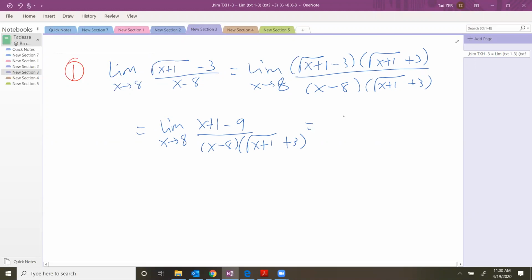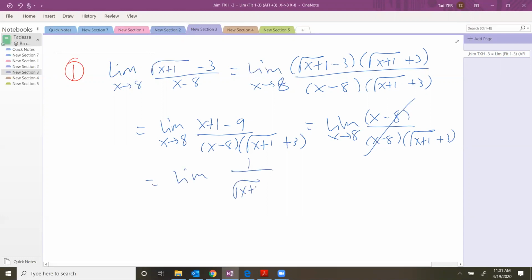So x plus 1 minus 9 means x minus 8 divided by x minus 8 times radical of x plus 1 plus 3. Now we do have a common factor in the numerator and denominator. They will cancel out. So that gives me the limit of 1 over radical of x plus 1 plus 3.